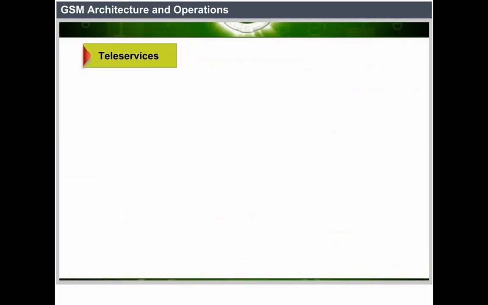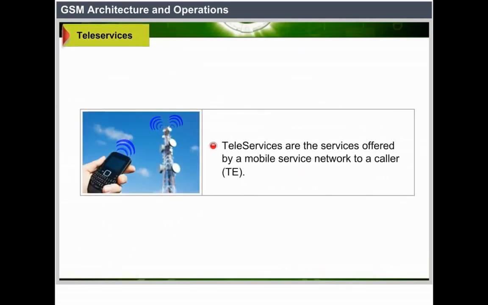Tele services. Tele services are services offered by a mobile service network to a caller TE.